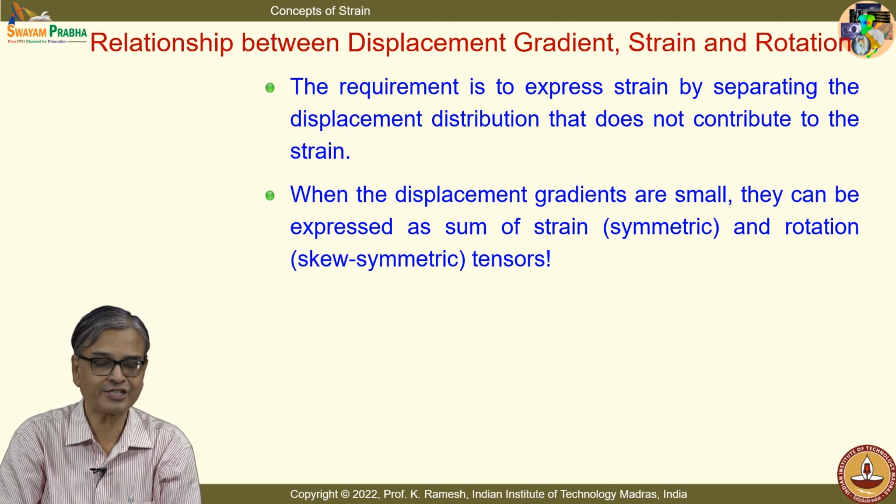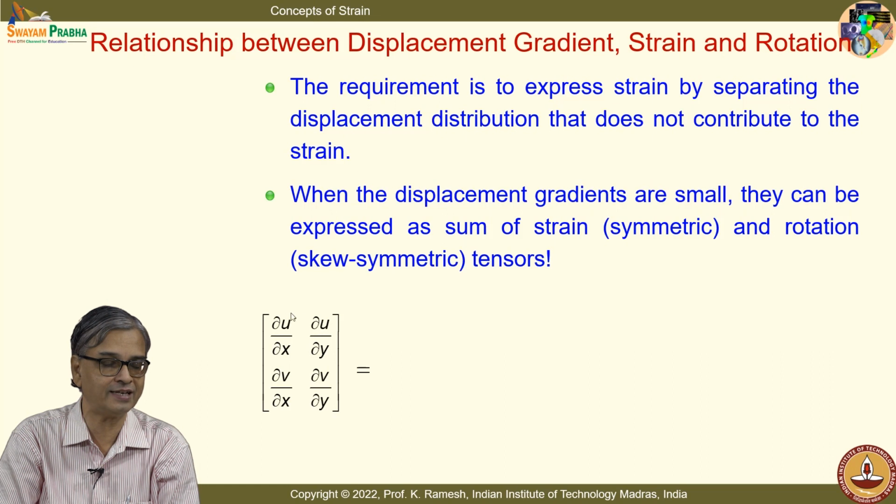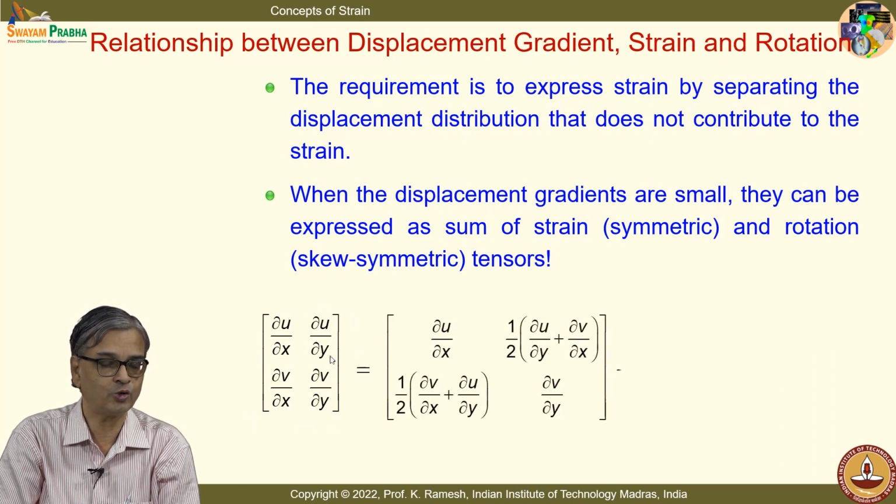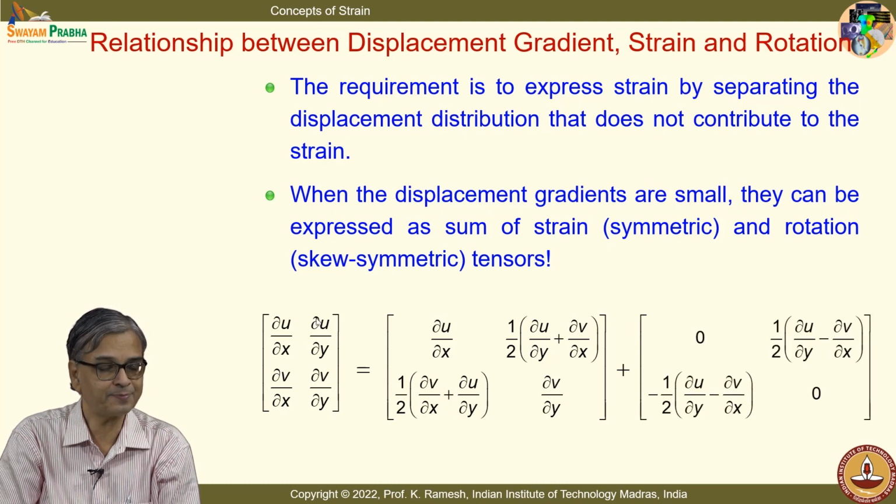And you have a rotation, and if you see it in black and white, it is very convincing. I have the displacement gradient matrix, dou u by dou x, dou u by dou y, dou v by dou x, dou v by dou y, which can be expressed as one matrix: dou u by dou x, half of dou u by dou y plus dou v by dou x.